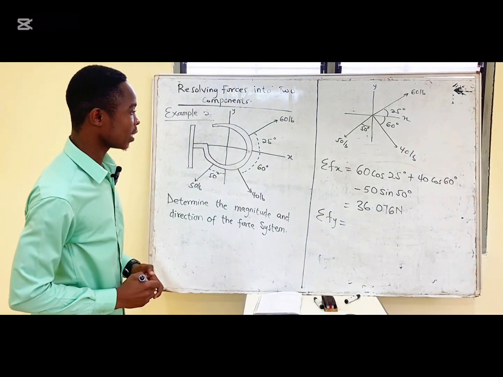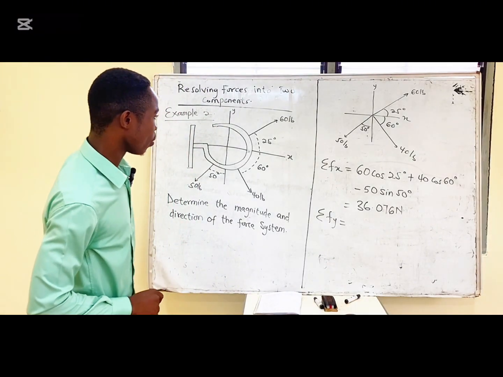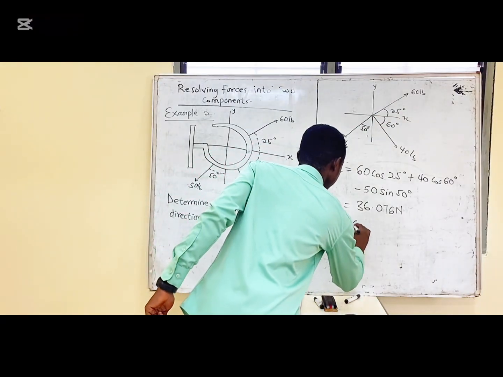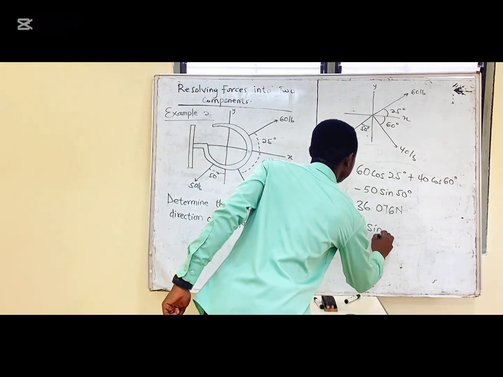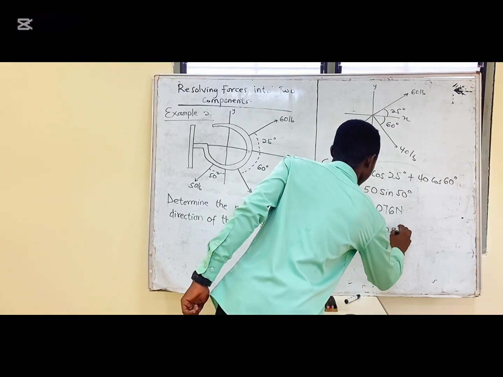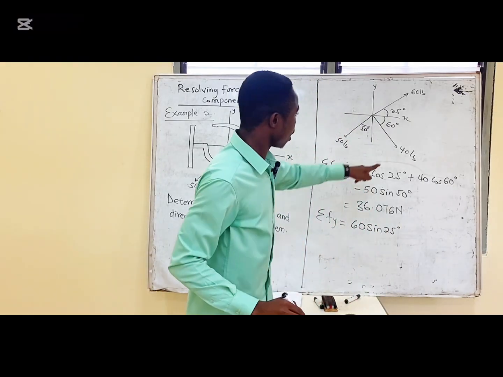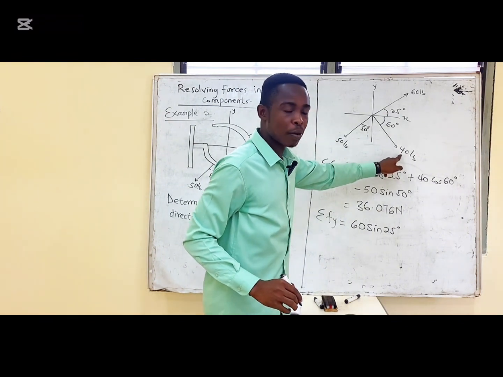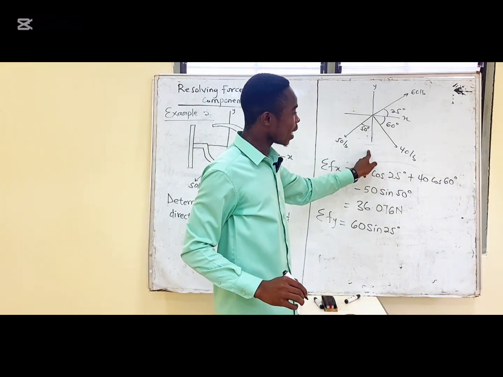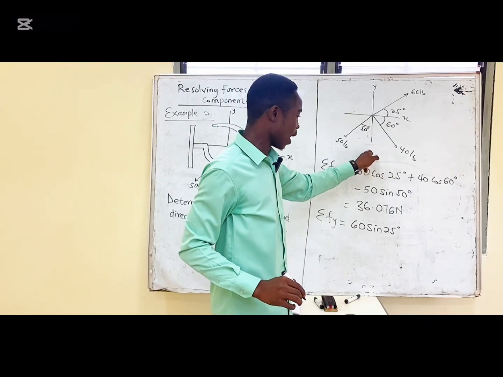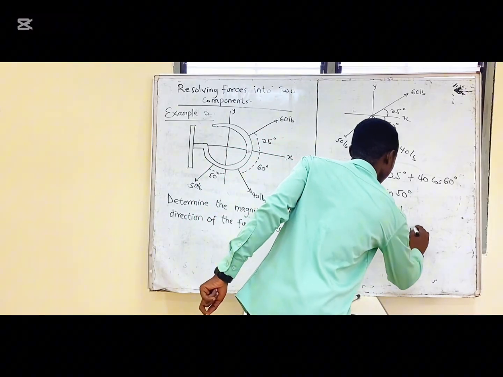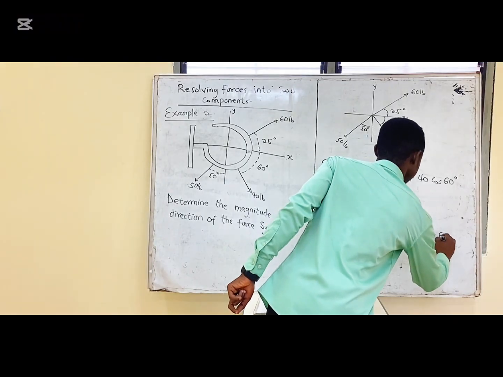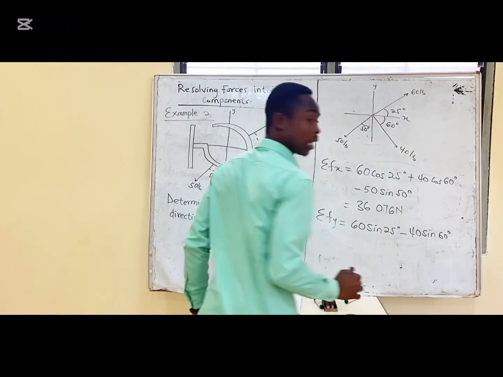So summing forces in the y component, we have our 60-pound force, which is 60 sine 25 degrees. Then we have our 40-pound force. Now when we resolve the 40-pound force, it will lie on the negative y-axis, so it will be negative 40 sine 60 degrees.